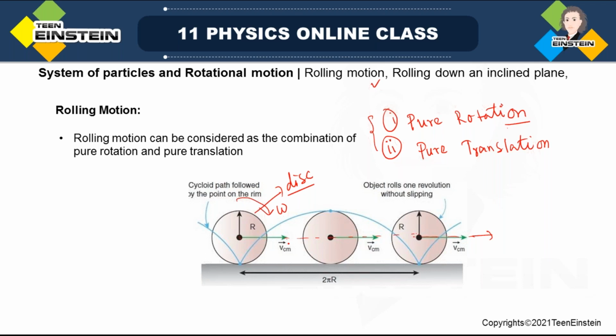Along this line the center of mass moves in the forward direction. The center of mass has pure translational motion. The translational motion is described by the motion of the center of mass itself.